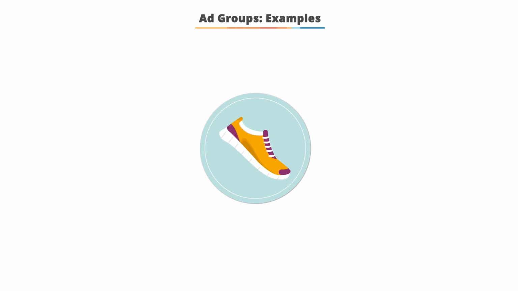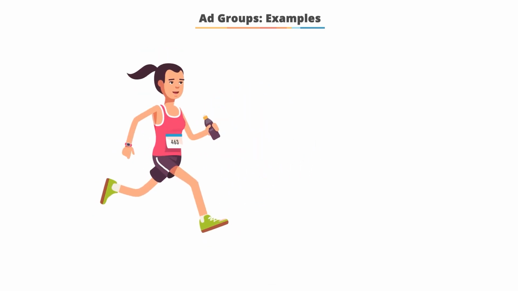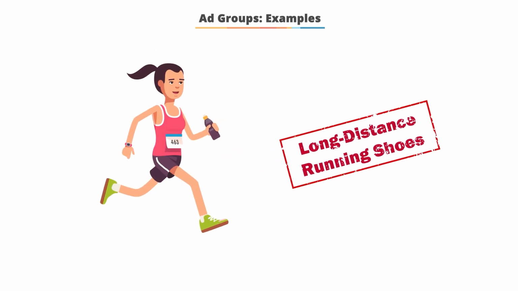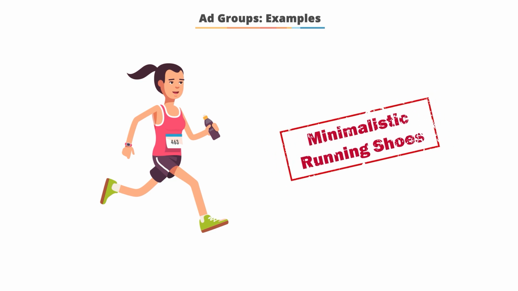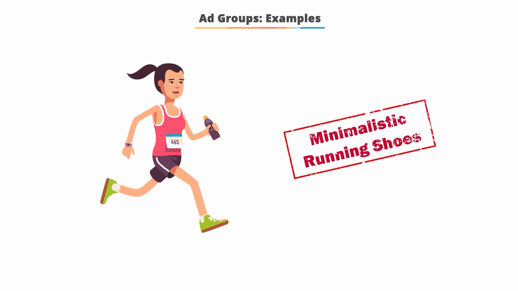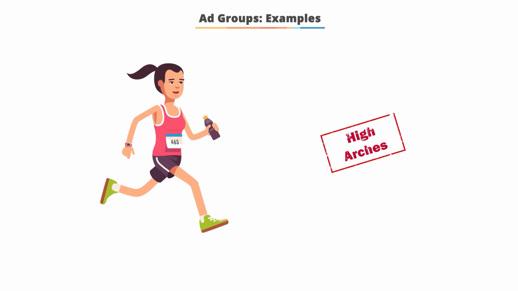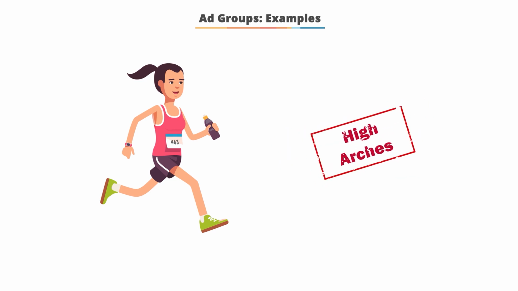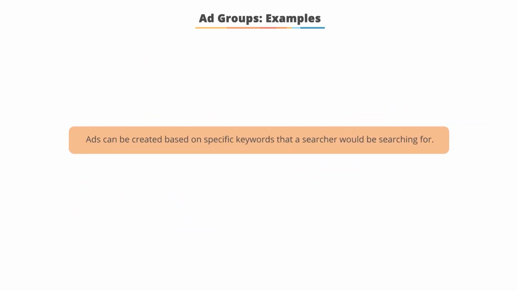We want to get more specific. If someone's running a marathon, they want long distance running shoes. Others want minimalistic running shoes. You'll see people search for running shoes with high arches or better arch support, wide box shoes. And so you can even get into those very specific terms to create ads for them in the ad groups.